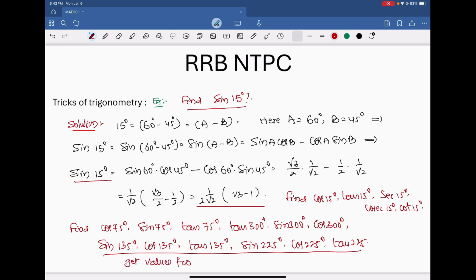Not only for these, you try to get the values for secant, cosecant, and cot also. For all the values I have provided to you, 75 degree and 300 degree, 135 degree, 225 degree, so that this will increase your practice, and once any question is given in the examination, you will be able to easily remember whatever you have done as a homework, and you will be able to find out the alternative very easily, and you will be able to score high in the examination.